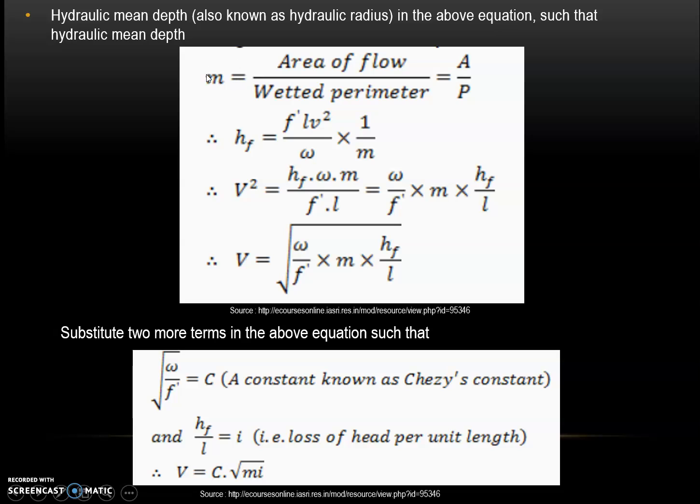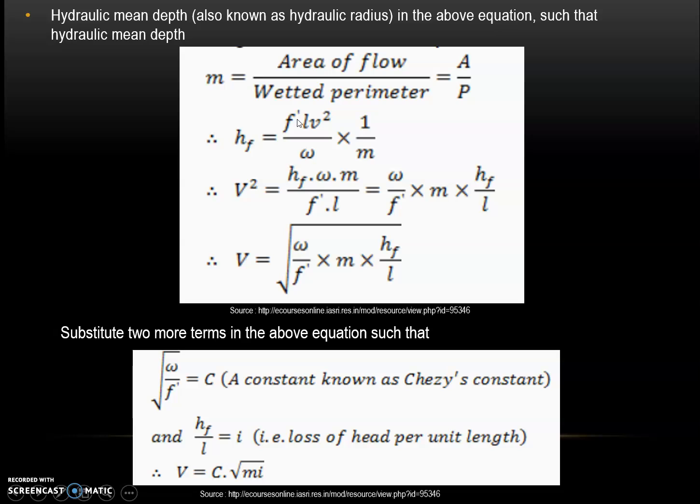Hydraulic mean depth M or hydraulic radius is the ratio of area of flow to wetted perimeter. So area of flow is denoted by A and wetted perimeter is P. Wetted perimeter means the length for which the water is in contact with the surface of the material in which it is flowing.